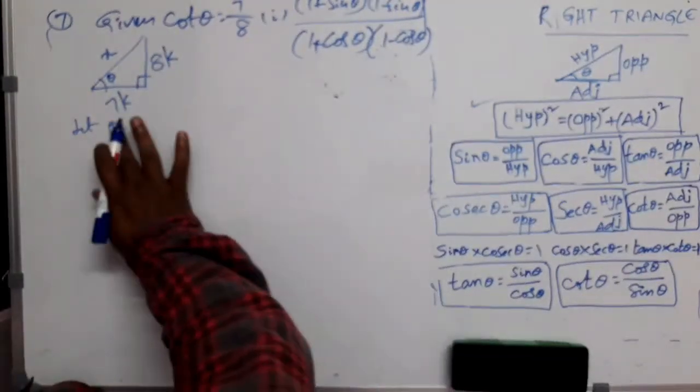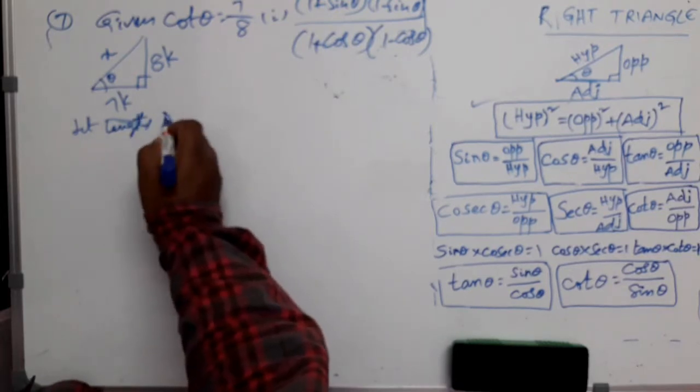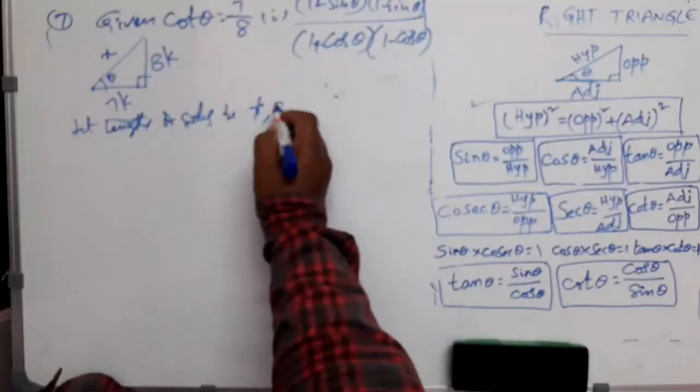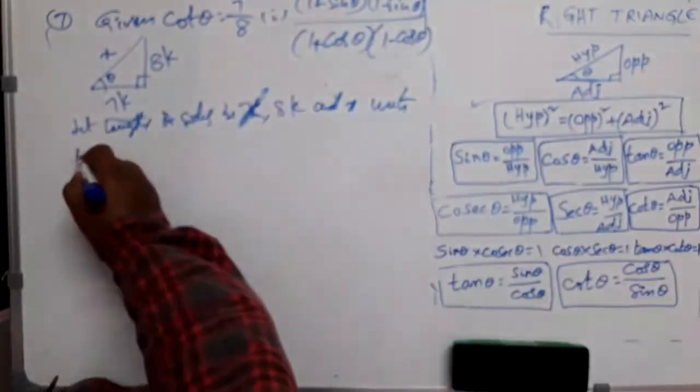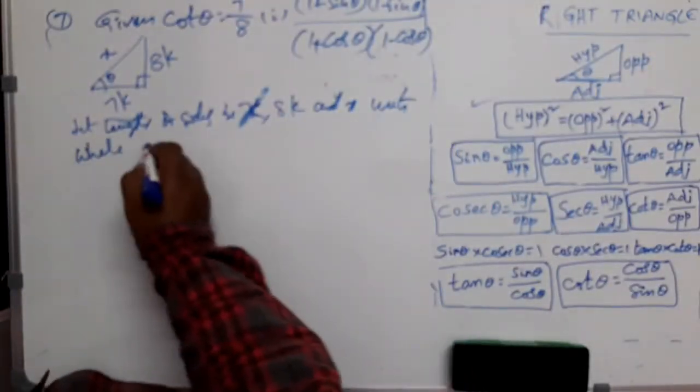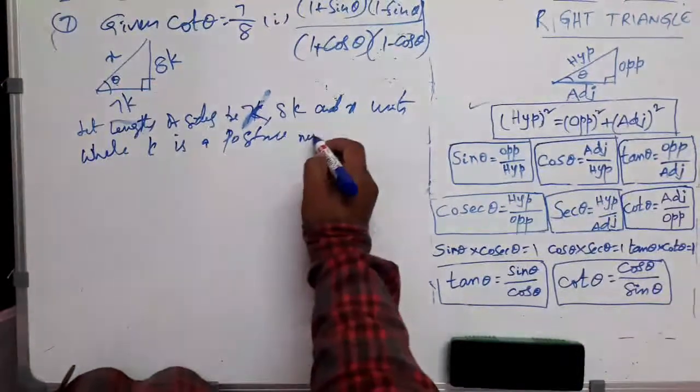Let the lengths of the sides be 7k, 8k and x units, where k is a positive number.